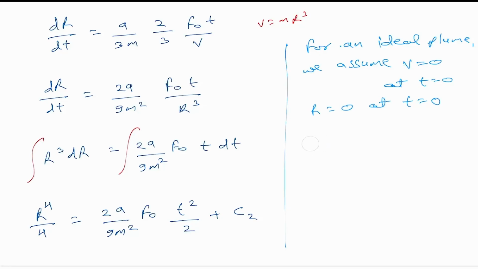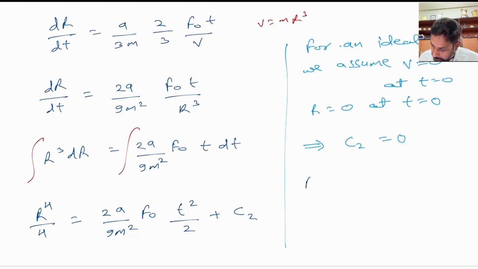So this condition implies that c2 is equal to 0. Okay, and that is why r to the power 4 becomes simply 2a over 9m square f naught t square over 2 times 4, where obviously these 2s cancel.